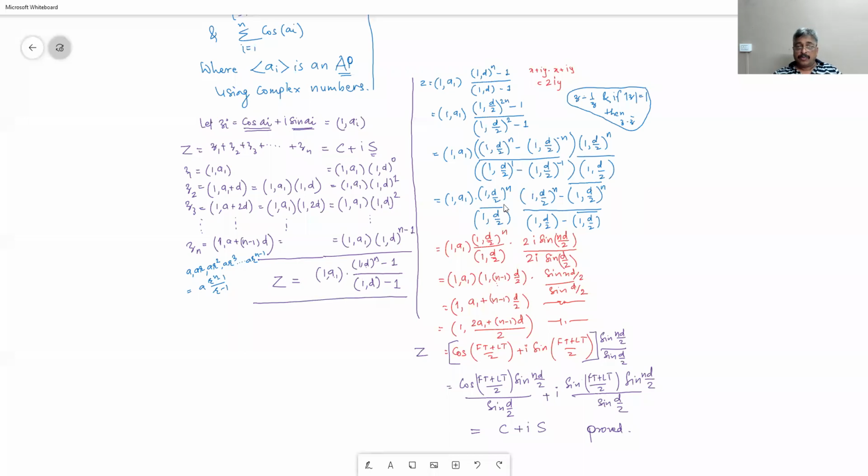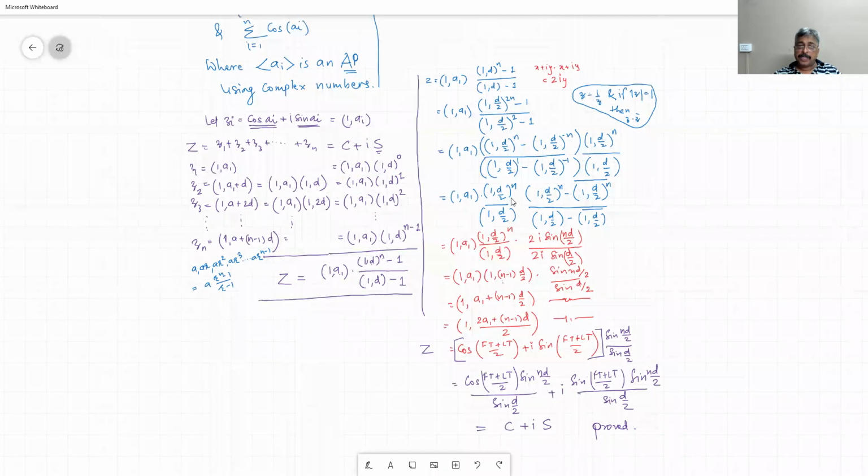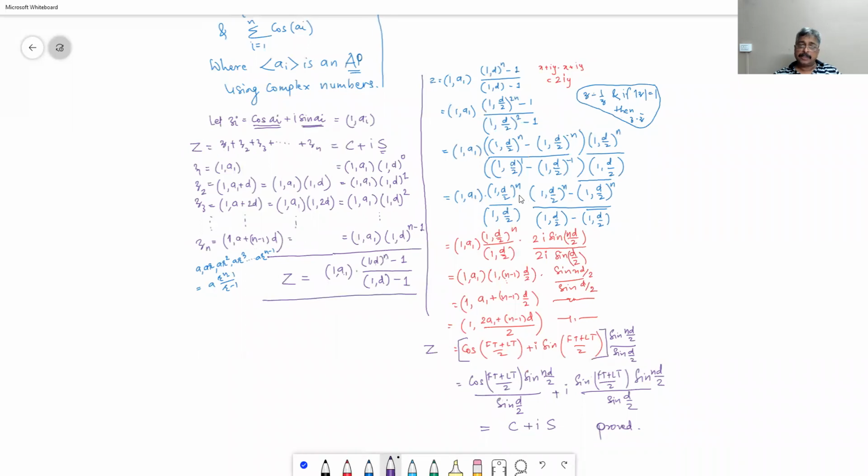Now, from here to here, this term is exactly the same as it is. This term is as it is. This term is also as it is. Now, this term, suppose I consider z is equal to 1 comma d by 2 raised to n. What is its representation?